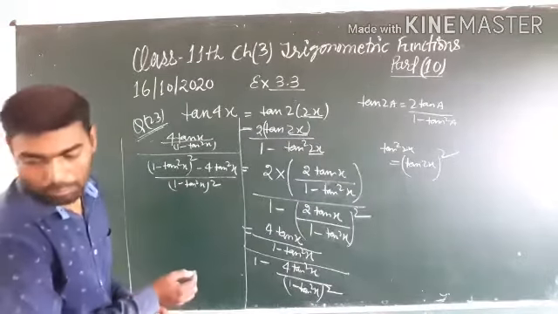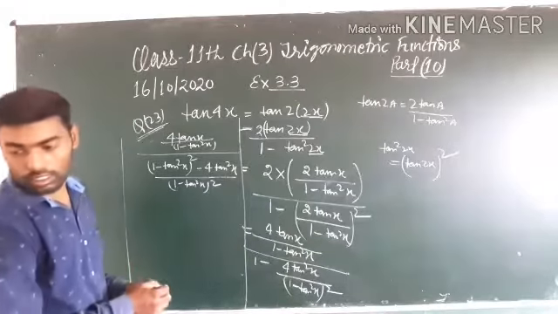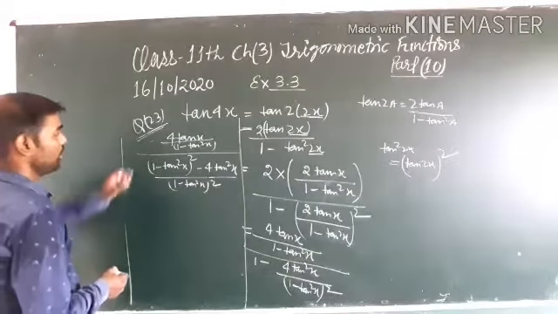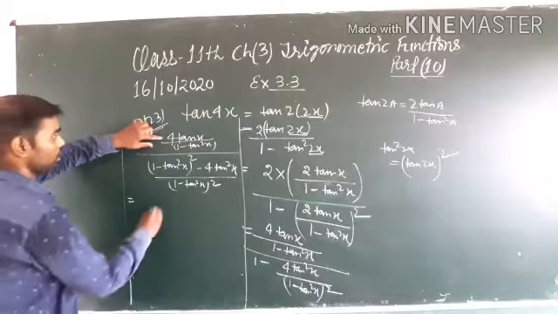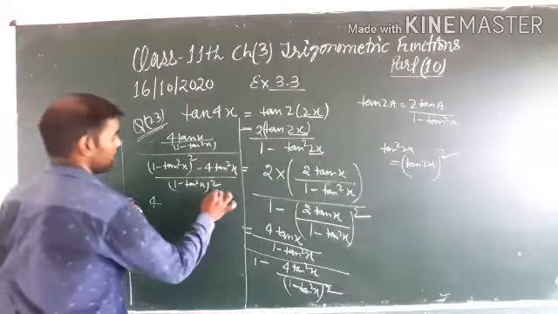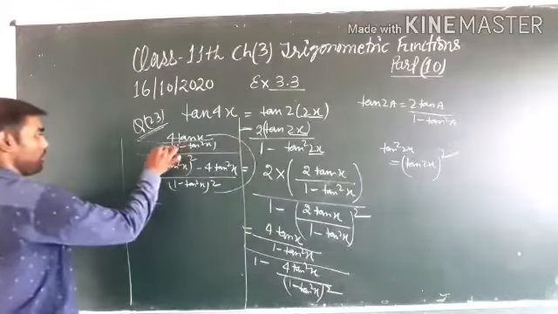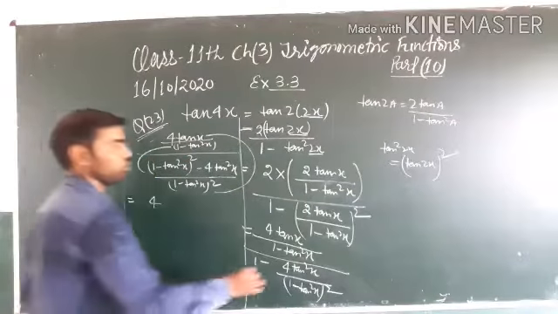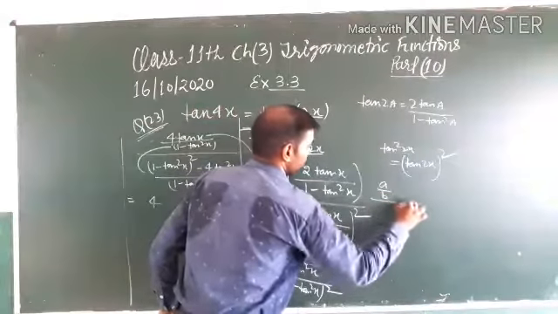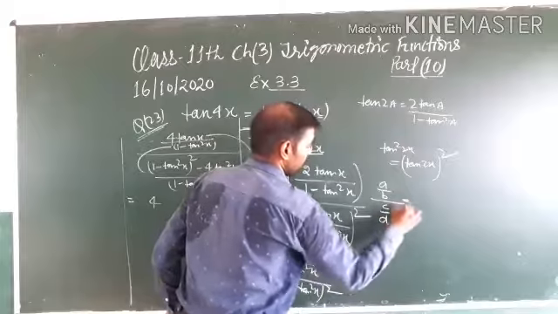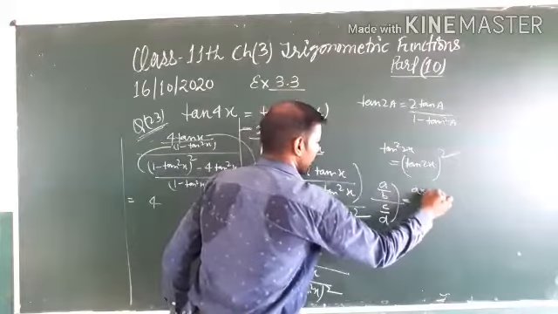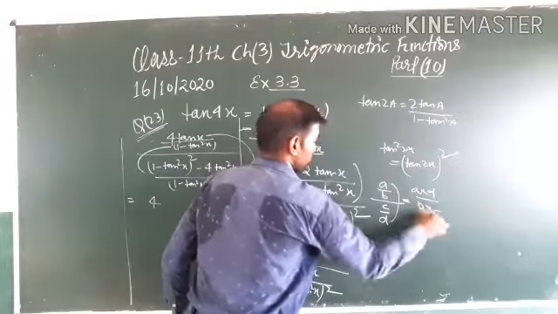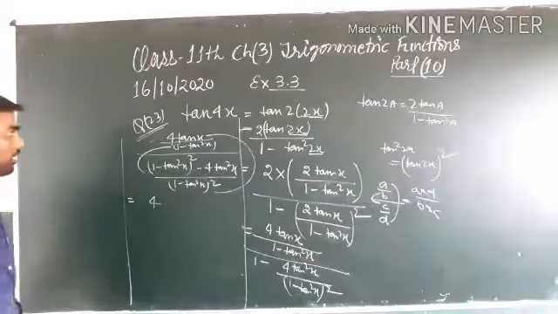And in the denominator part 1 minus 6 tan to the power 4. It means again we take another step. Already you know A by B upon C by D, so we can write A into D upon B into C. We use this concept here.